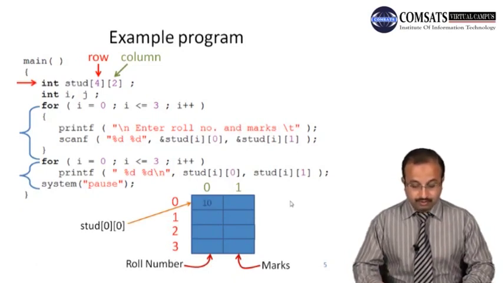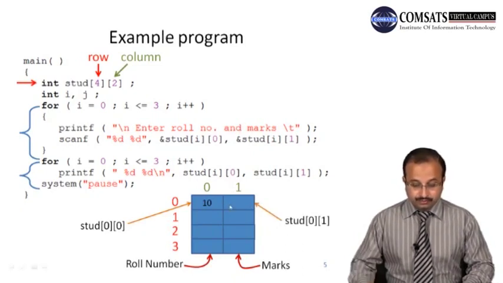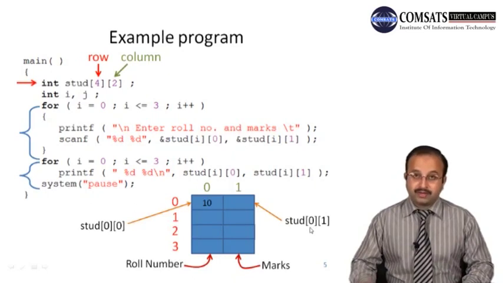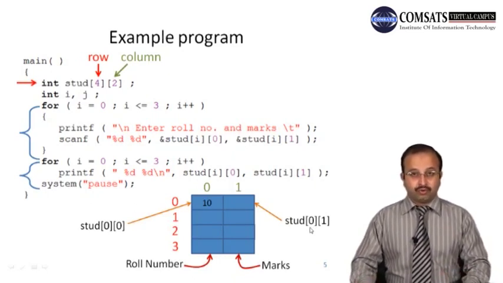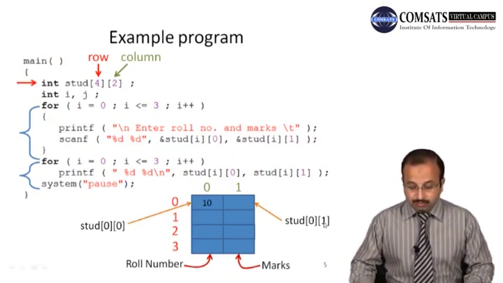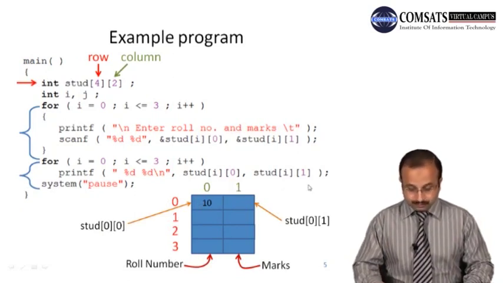और जहाँ पे आपने roll number store कर दिया, let's say 10 is the roll number, and this is STUD[0][1]. So the first square bracket always represents the row. So row number 0, column number 0, that is this element. So row number 0, column number 1, that is the second element, right?